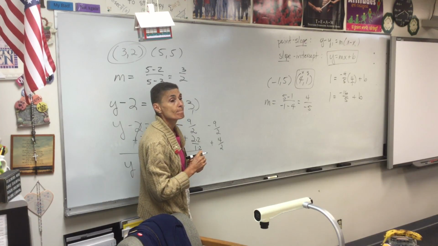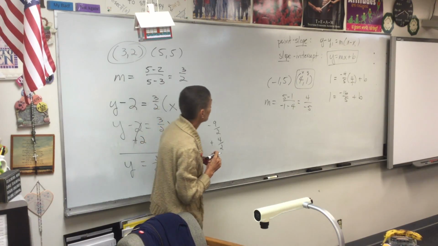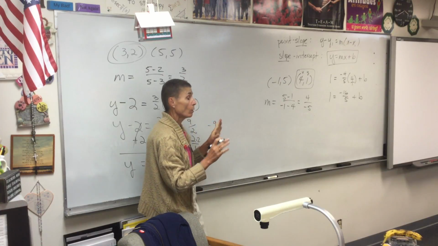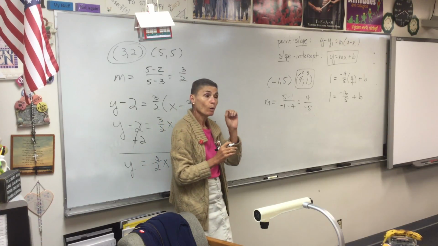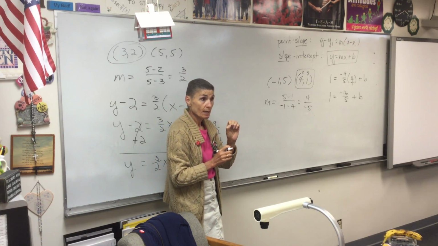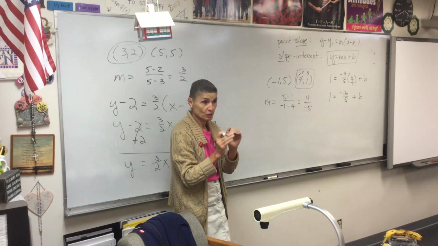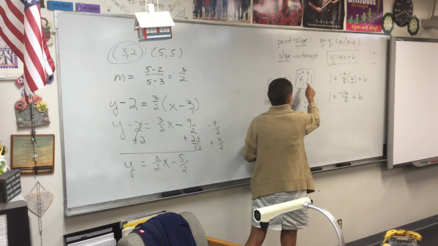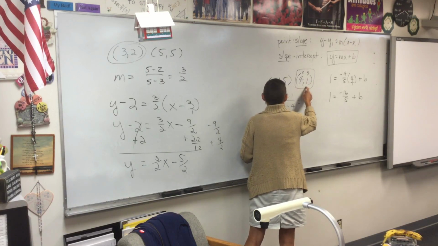For the problems above, when we found slope, why did we do the y2 minus y1, but then in this one we did it the opposite? Good question. When you find slope, it's always the change in y over the change in x. You can do this minus this, or this minus this.